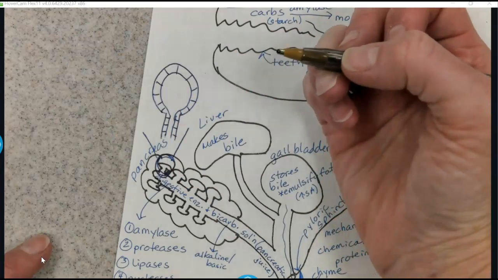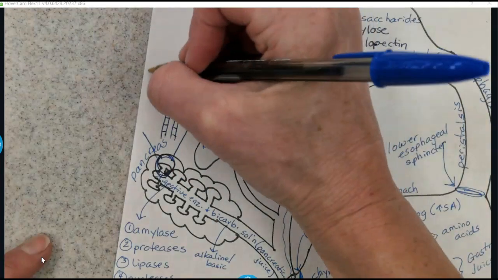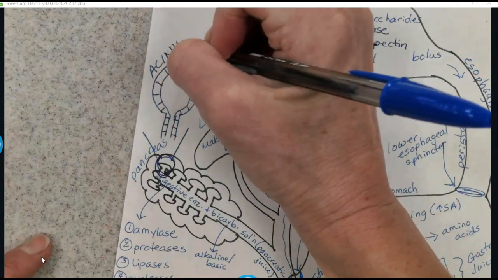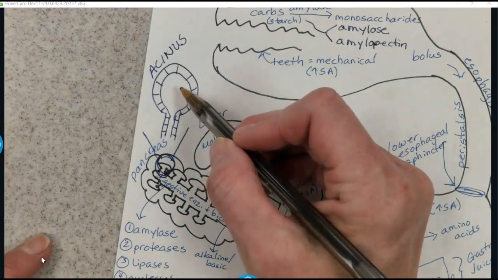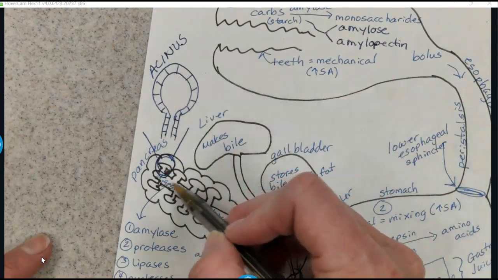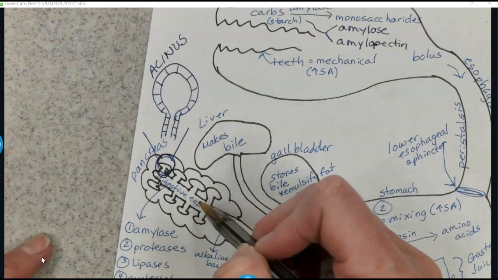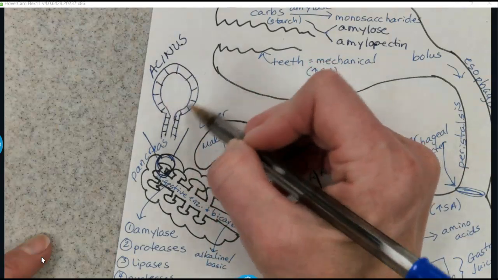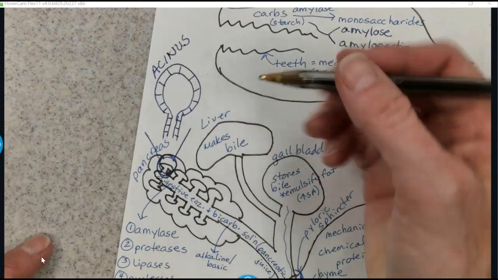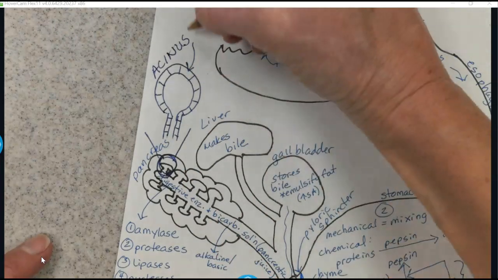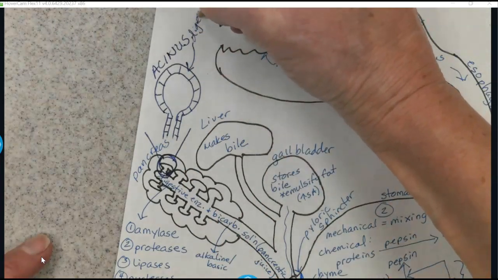Right, so this is considered an acinus. And these are acinar cells. So this is a space, a lumen, this is the space inside here that connects to this pancreatic duct. And these are the cells making up this structure here. So why this is important is because these cells make the digestive enzymes.